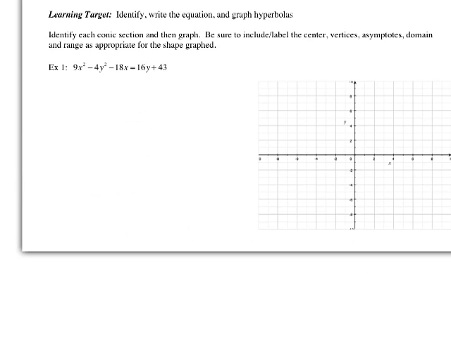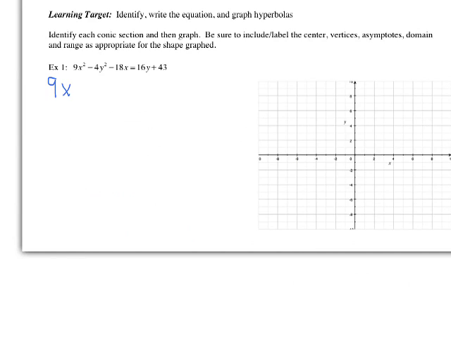Okay, so for problem 1, you can see this is a hyperbola because of the squared terms: there's an x squared and a y squared, and they have different signs. So the problem is this is in general form, and we need it to be in standard form in order to graph it. So we've done this before with ellipses. We're going to complete the square, so I'm going to put the x's together.